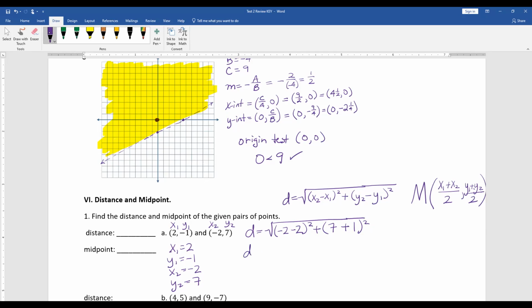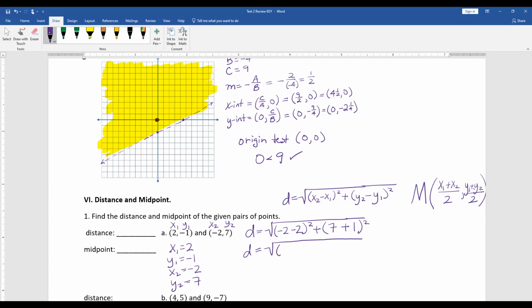Now at this point, if you want to simplify inside your parentheses, anything times itself, even if it's negative, is going to be positive, because that's a negative times a negative. So make sure you keep your parentheses.